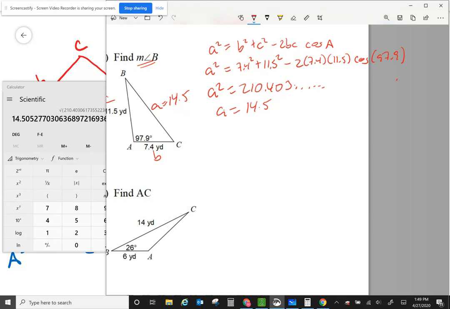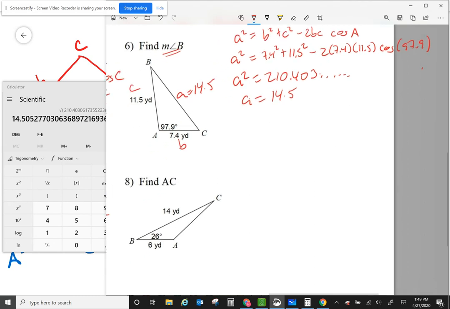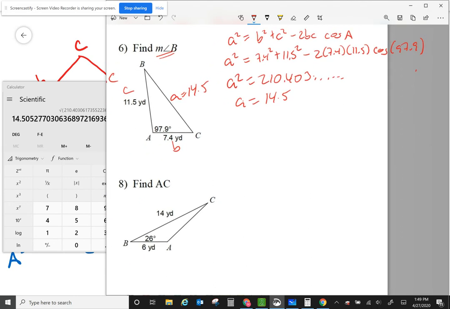I know I asked you guys to solve for angle B, and what that gave us was side A. So we're not quite done yet. Now notice how I have side A, angle A. Now I have two of the same letters. Let's use the law of sines.